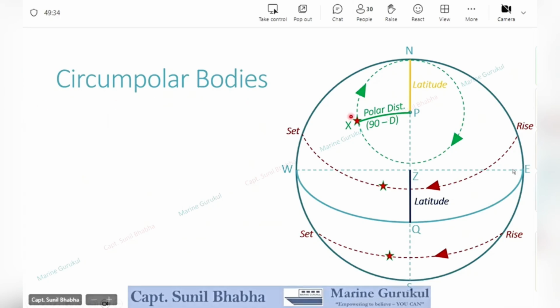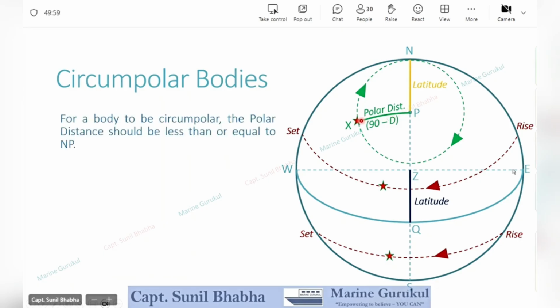Now in this diagram, I have also shown the polar distance of the body, P to X. This represents the polar distance of this circumpolar star, and it is always equal to 90 minus declination. So polar distance in this case, which is 90 minus declination, is shown in the diagram.